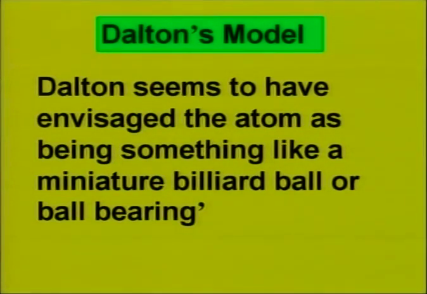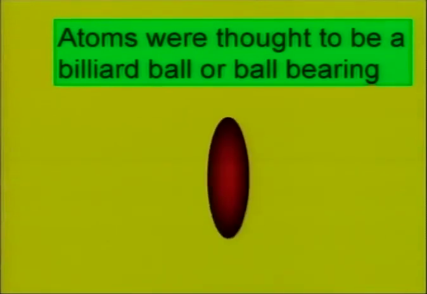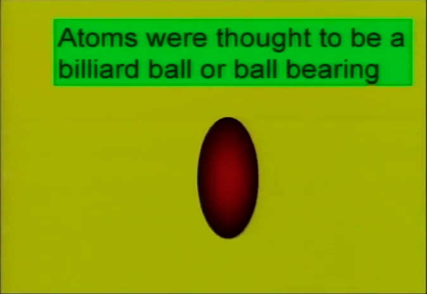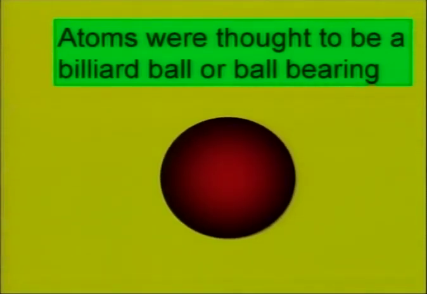Have you finished copying the information? All right, you can now go through the model and explain. This is the diagram of how Dalton saw the structure of the atom. He thought that it was like a ball bearing, a round sphere, as it looks here in the diagram. You can copy the diagram down.